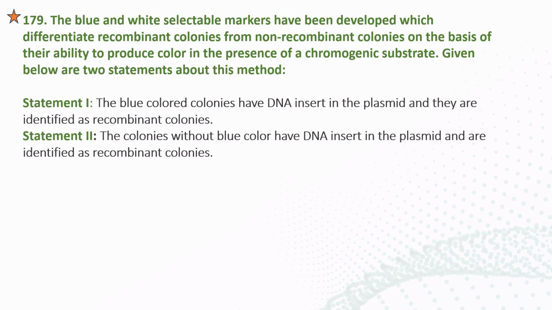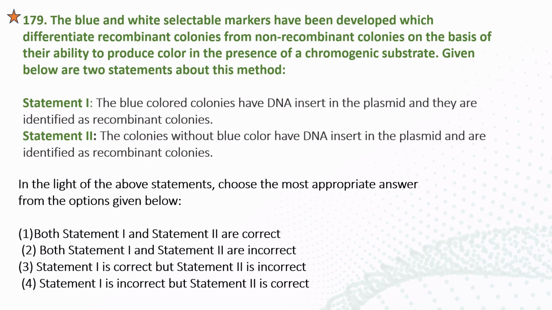The next question is from staining, like bacterial colonies and everything. Actually, we have discussed this question in the PYQ session before the NEET exam. They have asked that blue and white selectable markers have been developed which differentiate recombinant colonies from non-recombinant colonies on the basis of their ability to produce color in the presence of a chromogenic substrate.